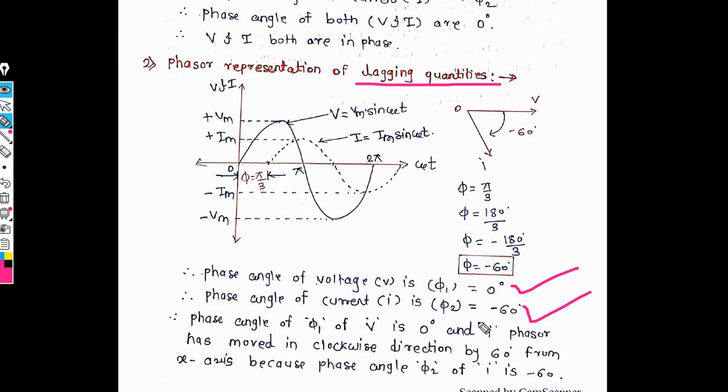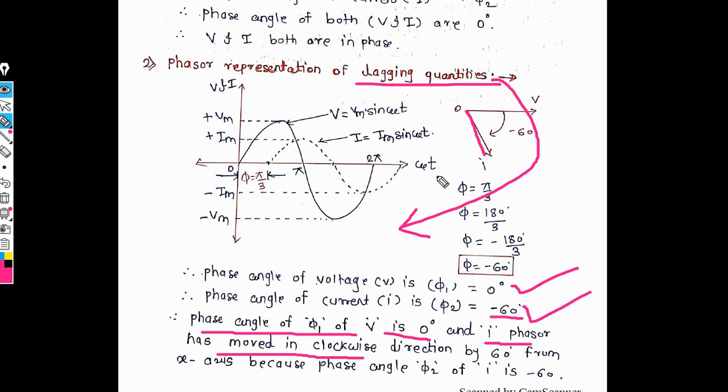The current phasor I has moved in clockwise direction, that means this current will be moved clockwise with respect to voltage.